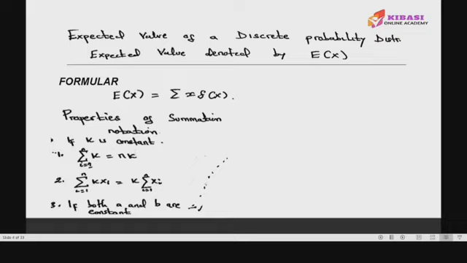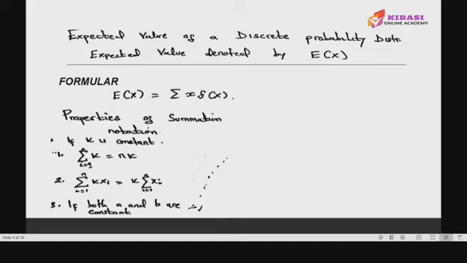Property of summation notation, kwamba tunasema kama k is constant, when you have constant, so summation ya constant number is equal to n times constant number, and the summation ya constant number with variable is equal to constant number inakuja nje, then tutasum zile variables.